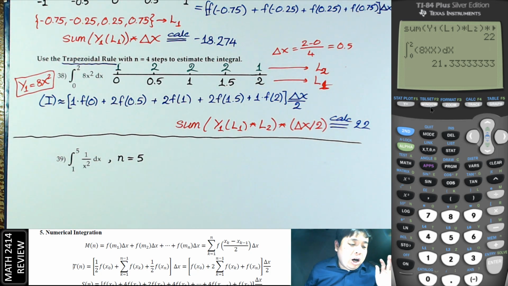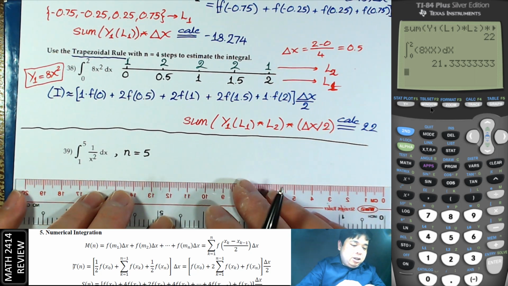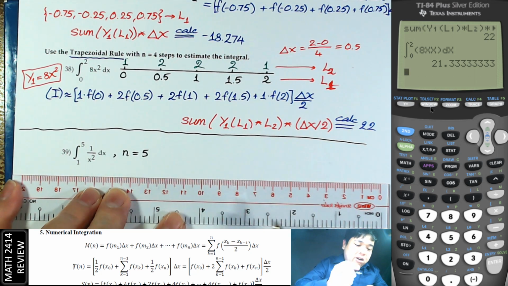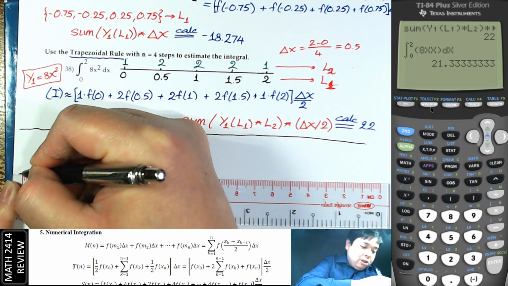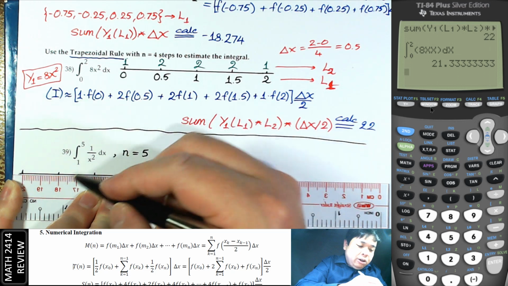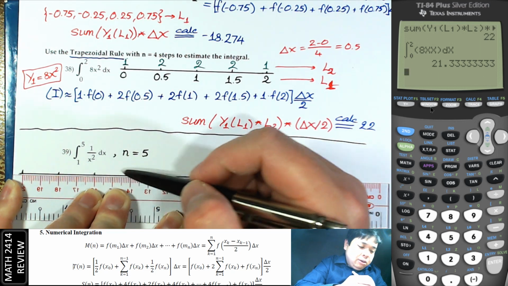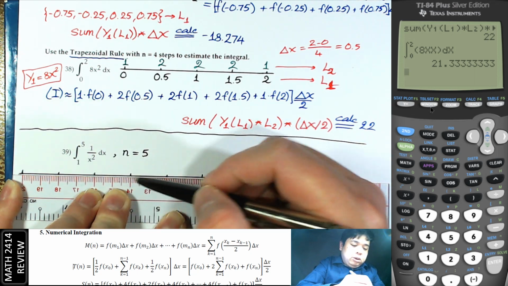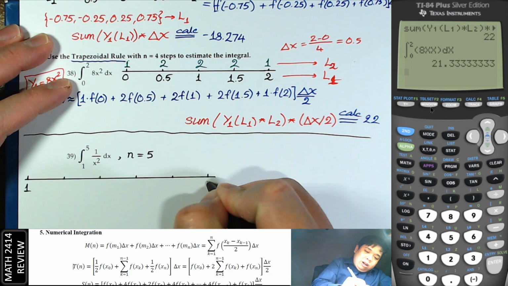Right, also trapezoid rule when n equals 5. So we have that interval divided into 5 equal segments: 1, 2, 3, 4, 5, right. We go from 1 to 5.